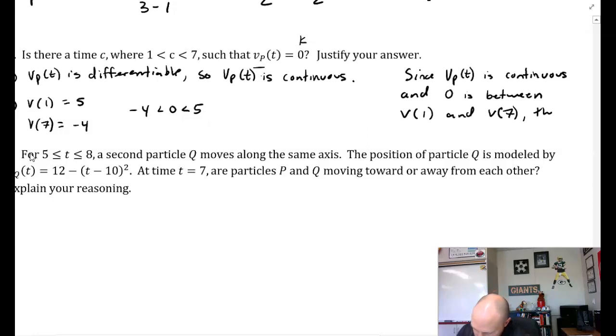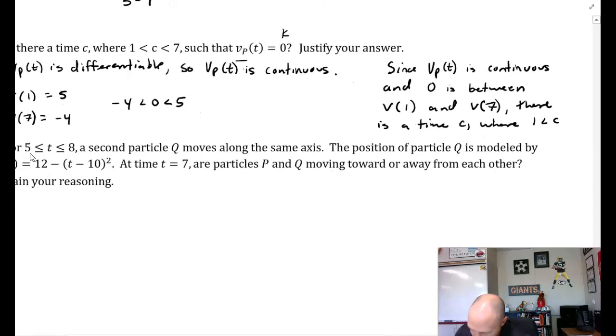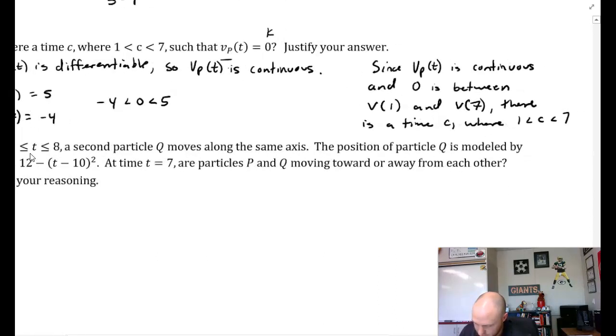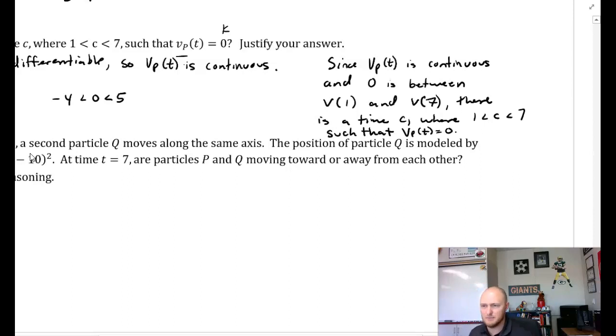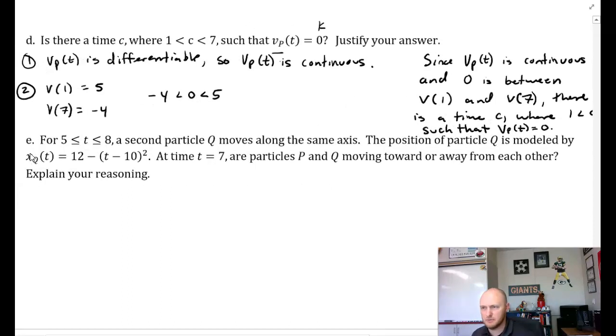There is a time C where C is between 1 and 7, 1 is less than C, which is less than 7, such that v sub p of t is equal to 0. Okay? Awesome. That is the intermediate value theorem.